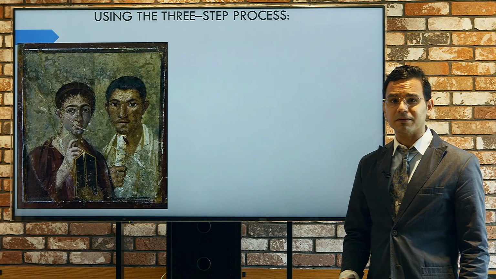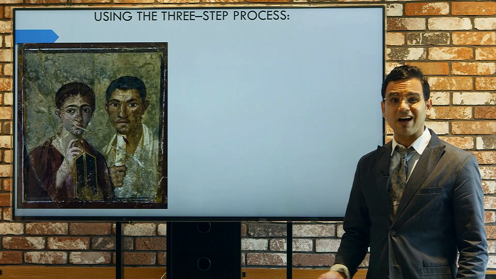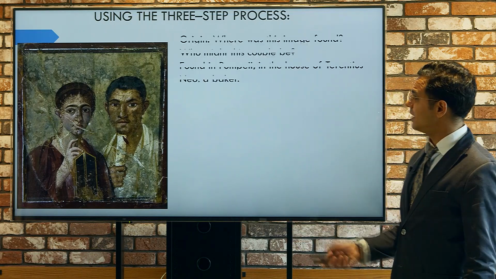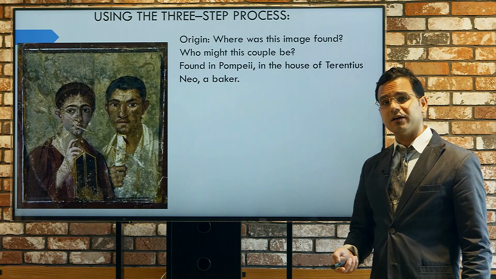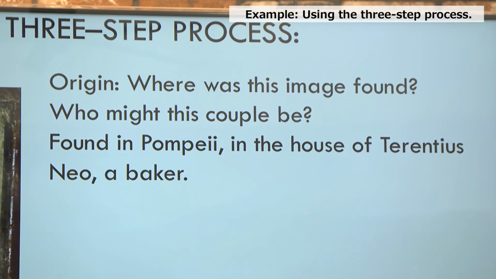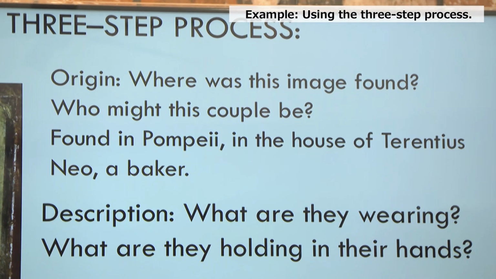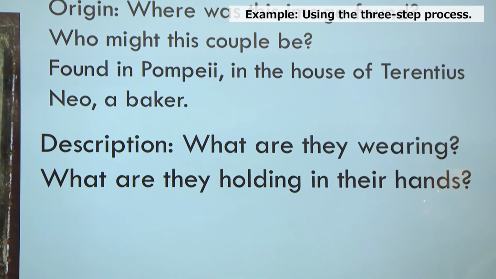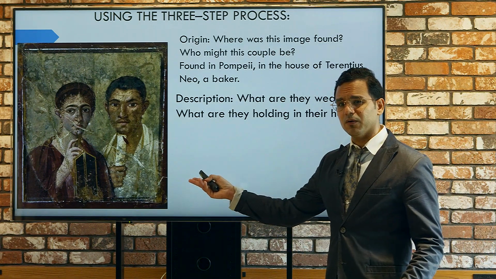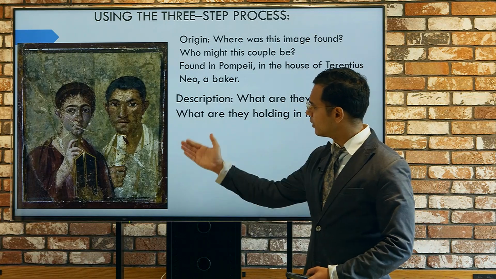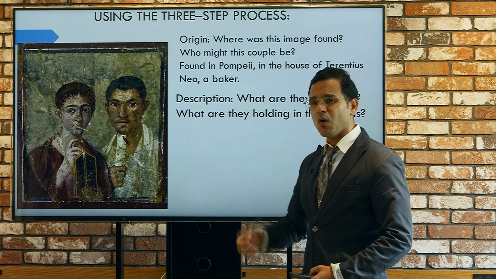This is a painting from the house of Terentius Neo, who was a baker at that time. So those are the origins. Now we have to move on to the description. What do we see in this visual source? Well, when we look at Terentius Neo, we see that he is wearing some sort of white cloth.